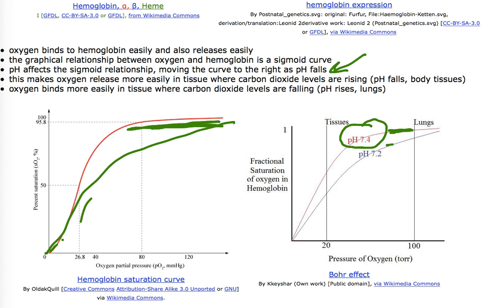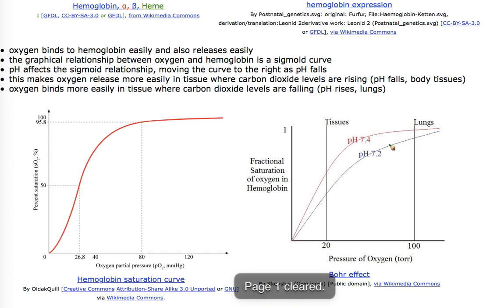When the blood gets into the body capillaries, the pH there falls because of the carbon dioxide coming in from the Krebs cycle, dumping carbon dioxide into the cytoplasm, which goes into the blood. At the lower pH, hemoglobin cannot hold as much oxygen. So what happens is the oxygen pressure in body capillaries is down here around 40. Well, the hemoglobin can't hold because the pH is lower.